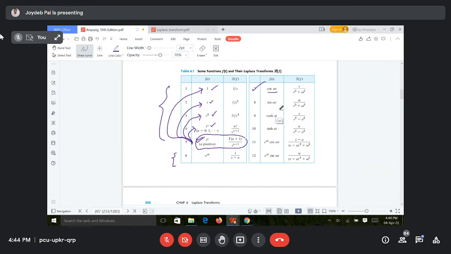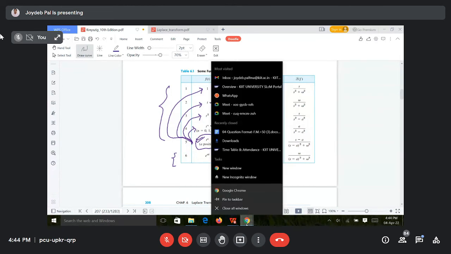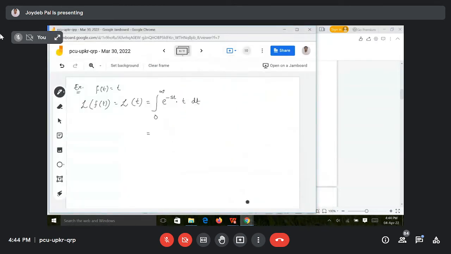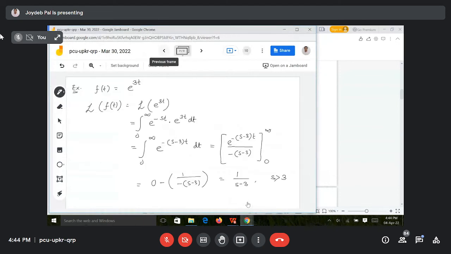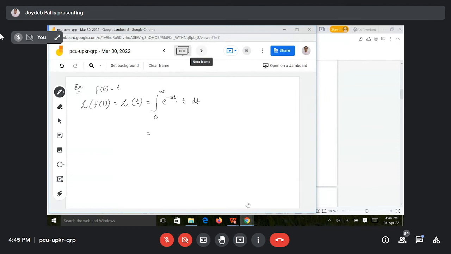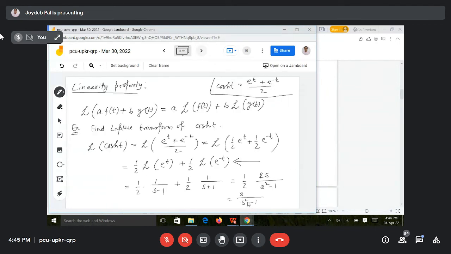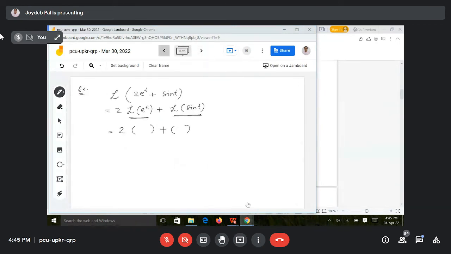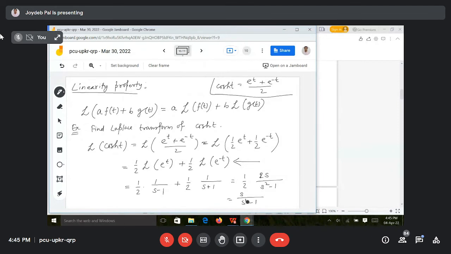And no need to remember these two because you can derive them as I have shown now in the Jamboard. I have shown how to derive the formula for cos hyperbolic, sin hyperbolic. Yes, sir. This one I have shown, cos hyperbolic t.